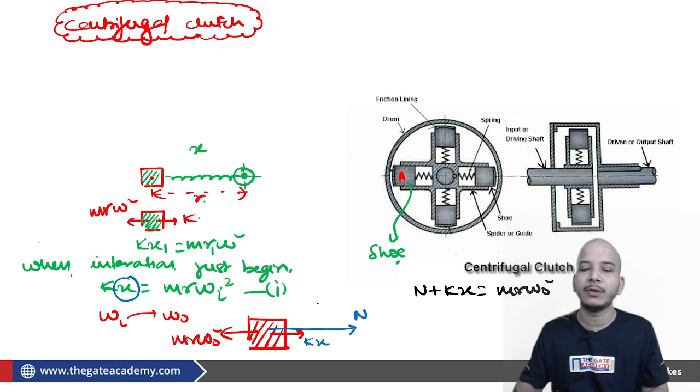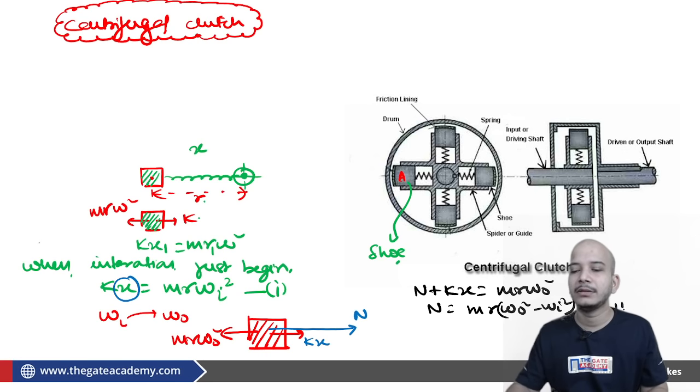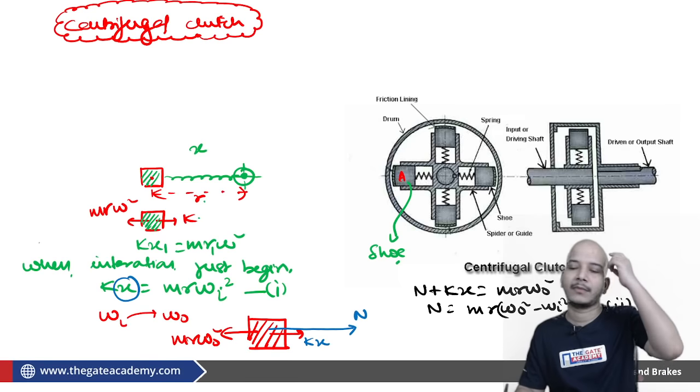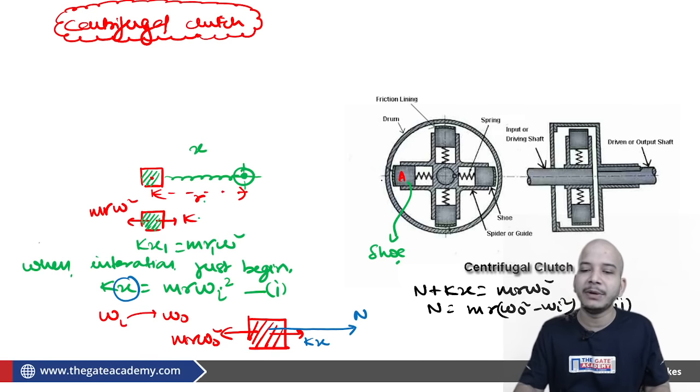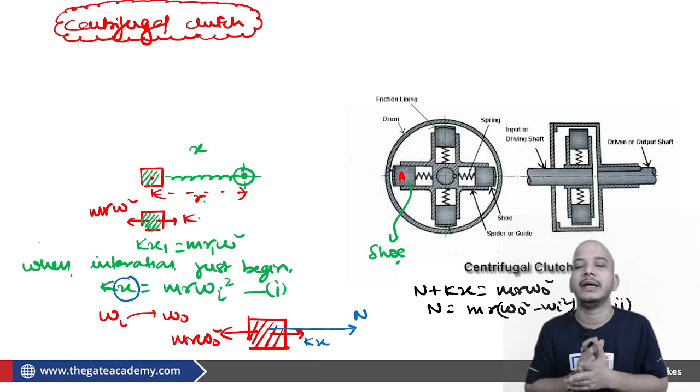Kx we already know from equation 1 is mr omega I square. So n will be equal to mr times omega O square minus omega I square. This is my equation 2. So this is the amount of normal reaction between both the surfaces when omega O is there.